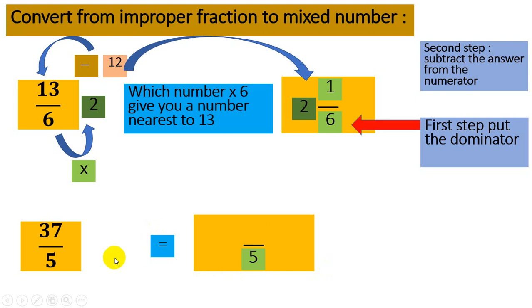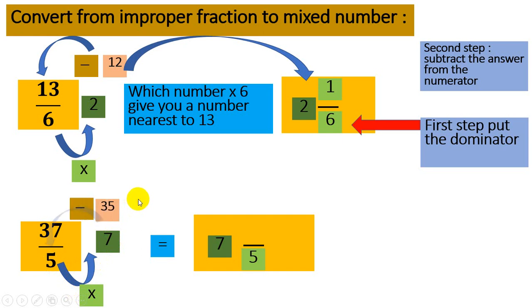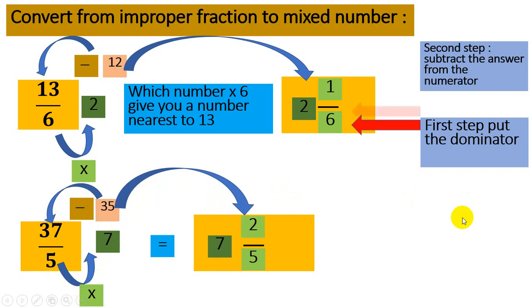Then 5 times what give you 35? 5 times 7. Yes, 5 times 7 give you 35. Then I write 7 here as a whole number. Subtract 35 from 37 give you 2. Very good.